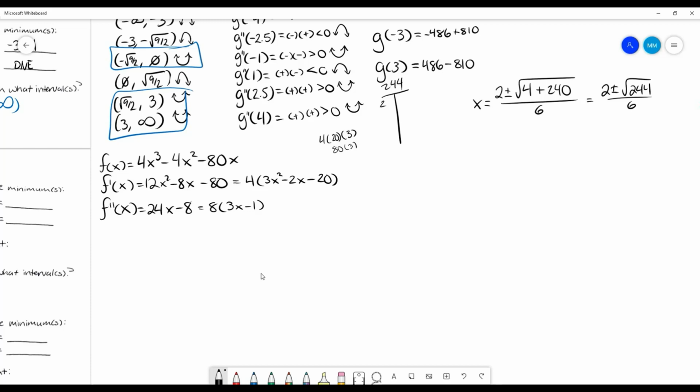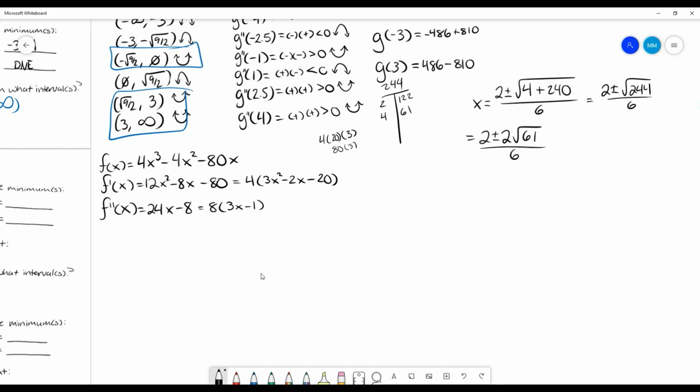I know obviously there's 2 and 122. It's 4 and 61. I think 61 is prime. So I can pull out that 4. So it's going to be 2 plus or minus 2 times the square root of 61 over 6.